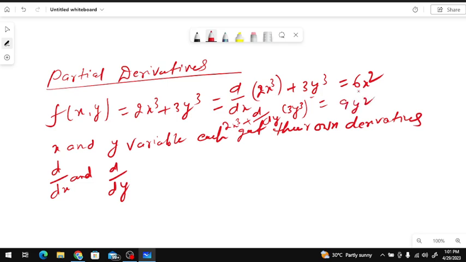So how do we calculate the partial derivatives with respect to x and y in SymPy? Your answers look like this, according to the partial derivatives.